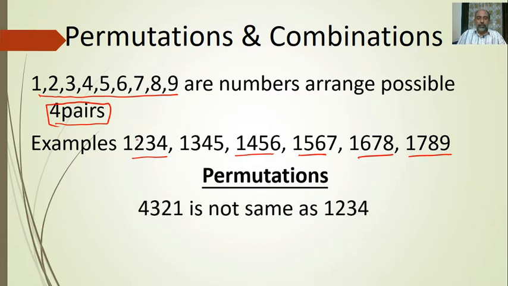Coming to permutations, 4, 3, 2, 1 is not the same as 1, 2, 3, 4. So writing the same numbers left to right or right to left gives a different meaning in case of value. So 4321 is 4321, whereas 1234 is 1234.